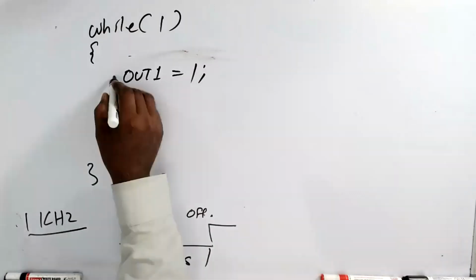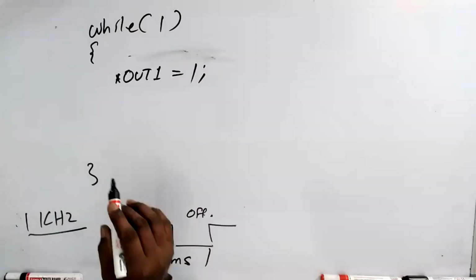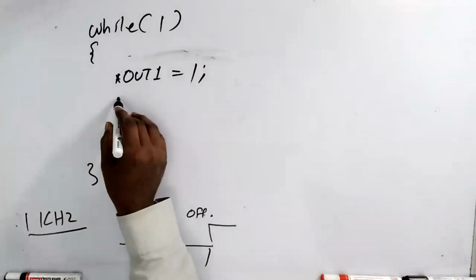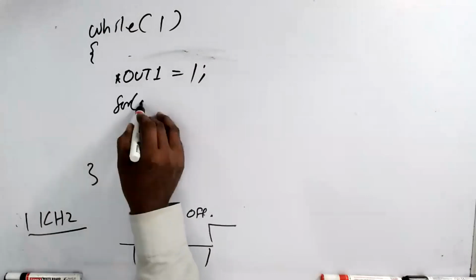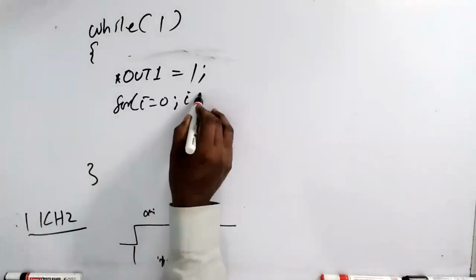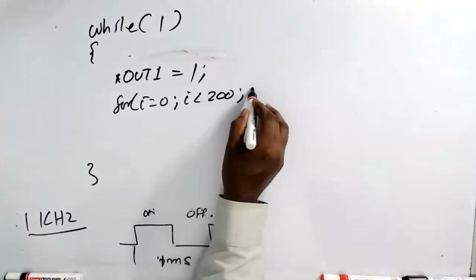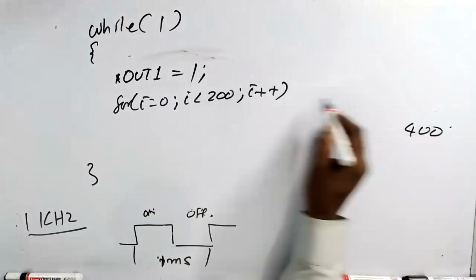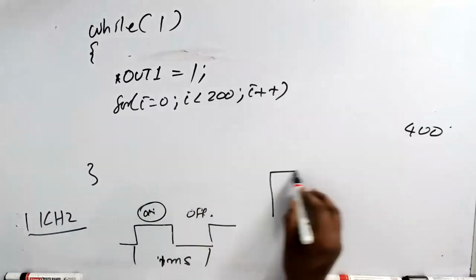And there is the thing called for I equal to 0, I less than 200, I plus plus, because we calculated 400. Now I'm giving 200 here. That means 0.5 milliseconds. So on time is 0.5 millisecond.